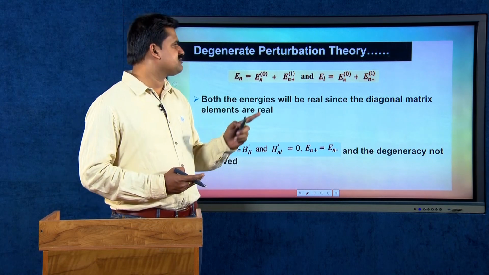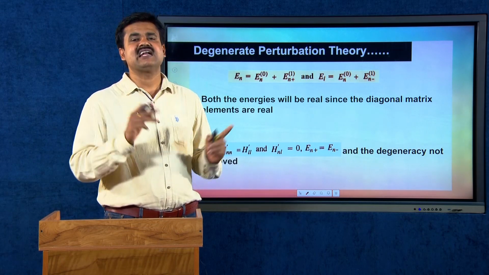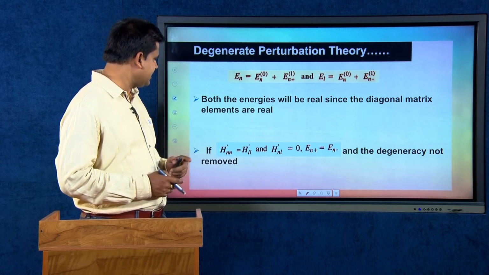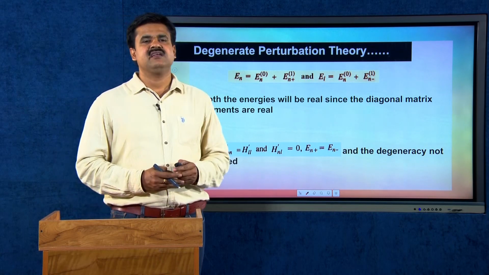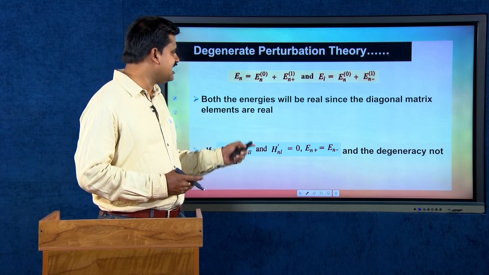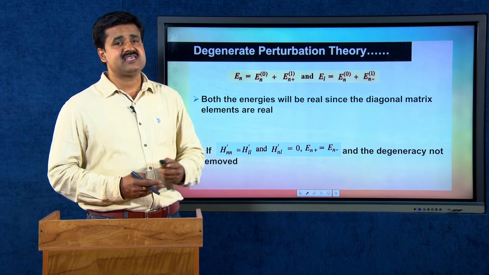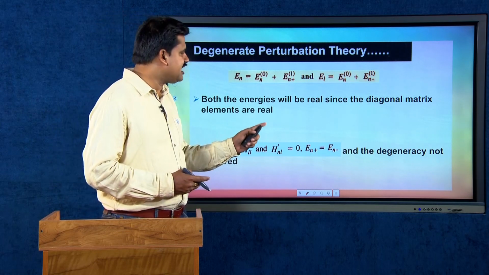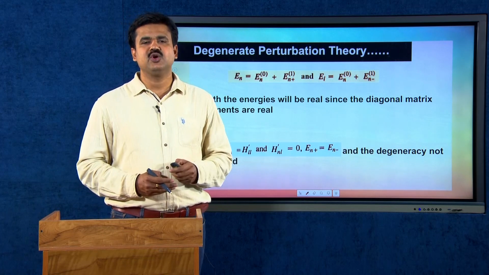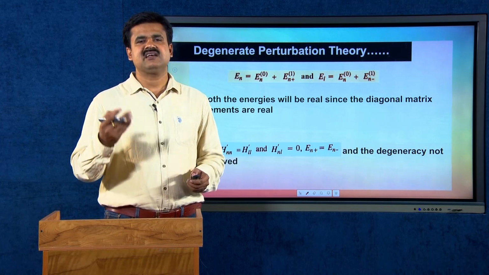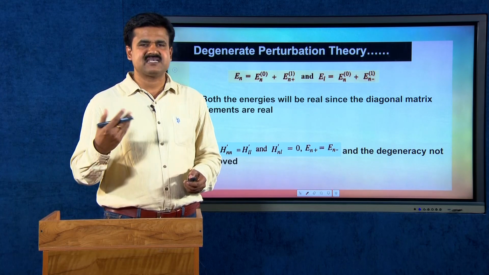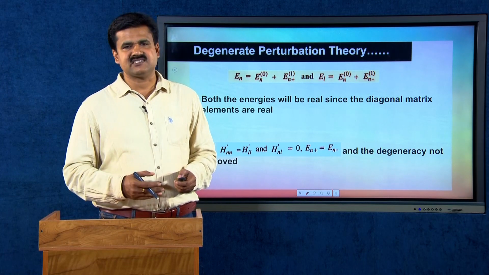Both the energies will be real since the diagonal elements of the determinant are real. If H dash nn equals H dash ll and H dash nl is equal to 0, then we can say that En1 plus equals En1 minus and the degeneracy is not removed. That is, the degeneracy will be 2, the system exists as a doubly degenerate system.